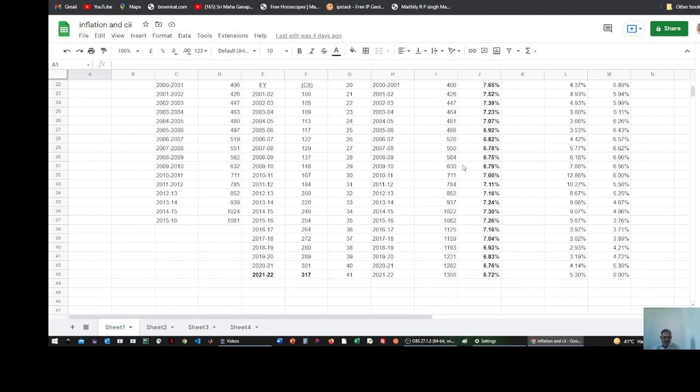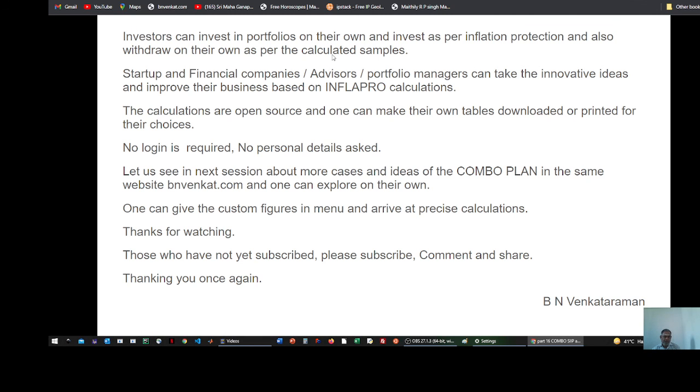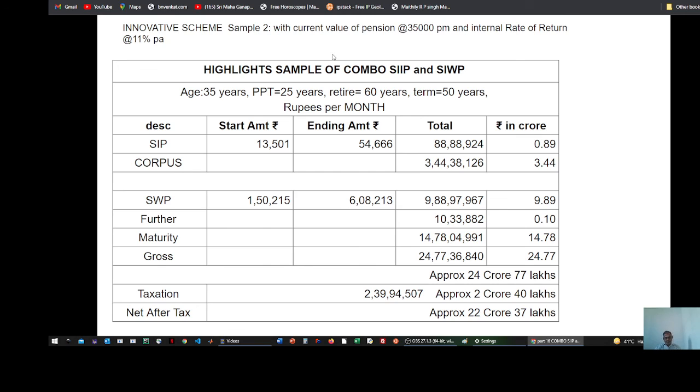Therefore, in one of the previous sessions, we have seen that to get 6.72% inflation protection, the internal rate of return should be around 11%, 10.9% or 11%. Therefore, we have considered the inflation and we have considered 11% as the rate of return in all our calculation figures.